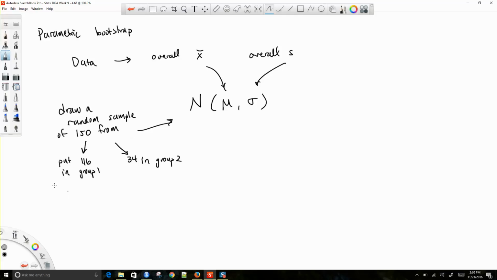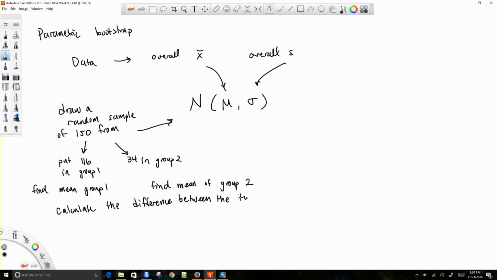Then we find the mean of group 1, and then we find the mean of group 2, and we calculate the difference between these two means. And we repeat this many, thousands of times.